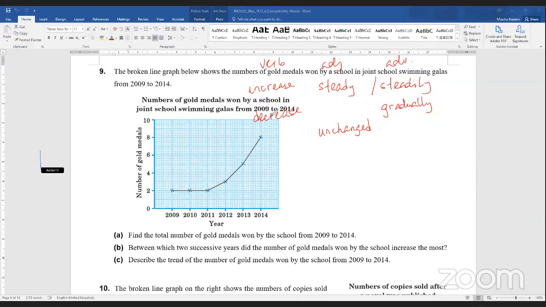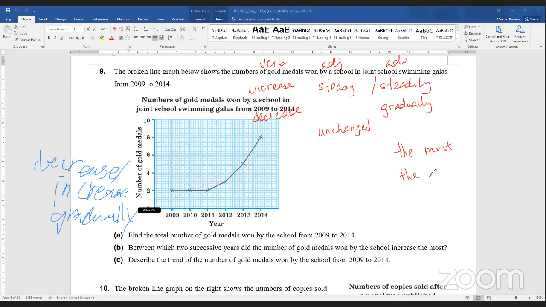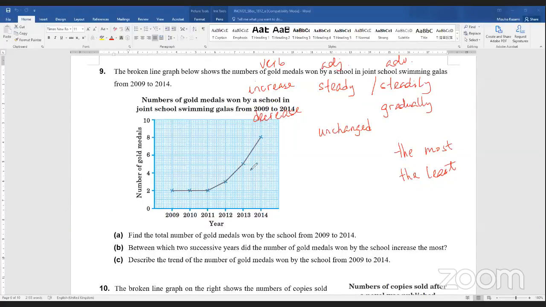Okay, and then sometimes we may have the most, the least, and then there's a word that you may not have seen before. Fluctuate.